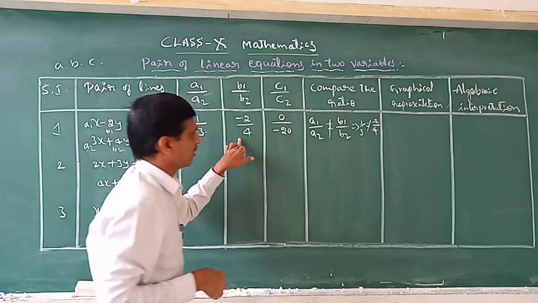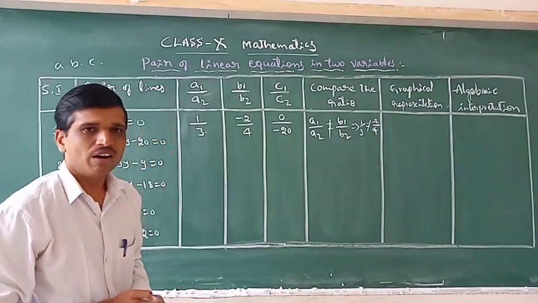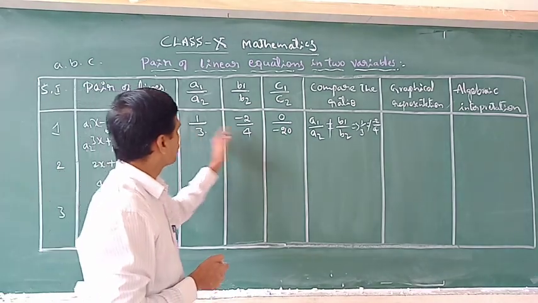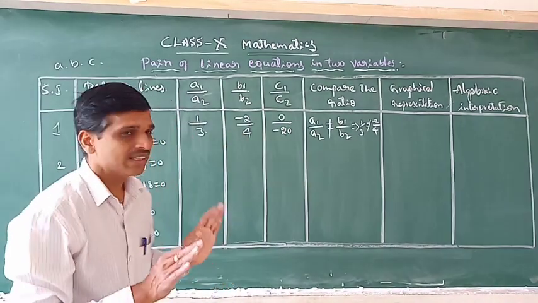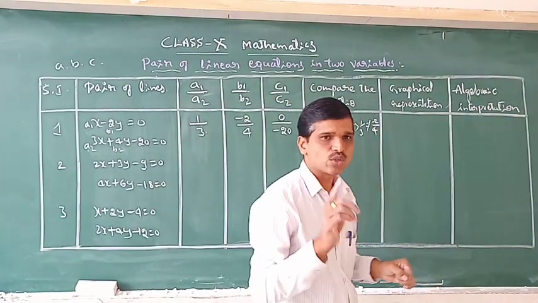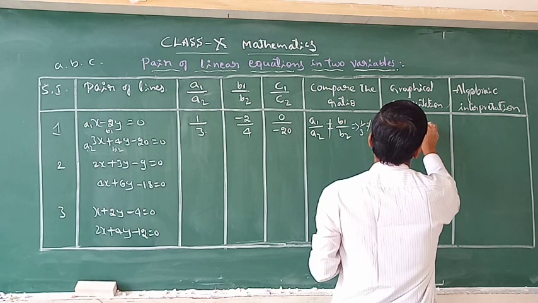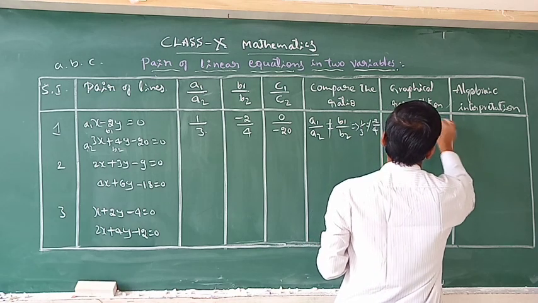Hence a1 by a2 and b1 by b2 are not equal. Means these two ratios are not equal, so the graphical representation looks like intersecting lines.